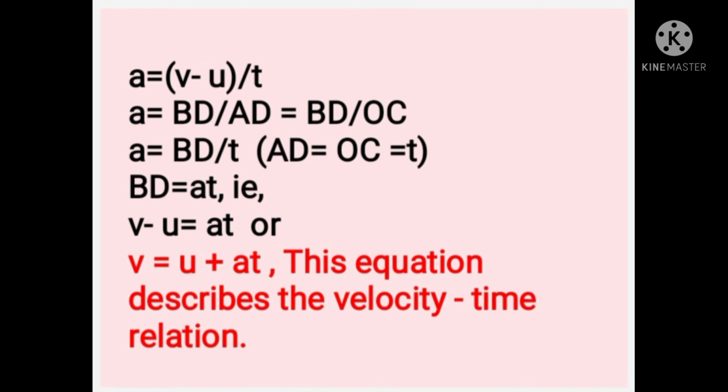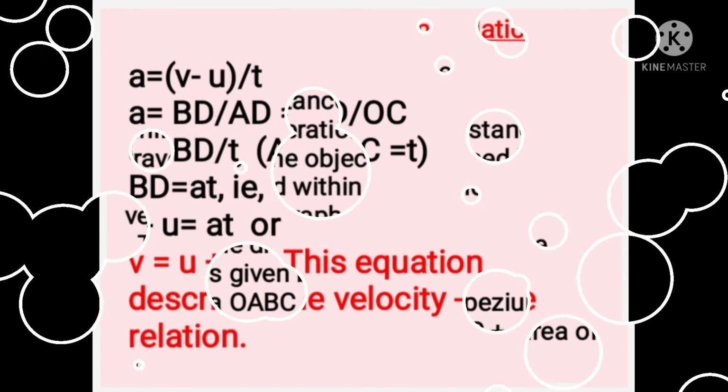Then from this equation, BD is equal to at. Substitute the value of BD here, that is v minus u is equal to at, or v equals u plus at. This equation describes the velocity time relation. So what is the equation for velocity time relation? v equals u plus at.